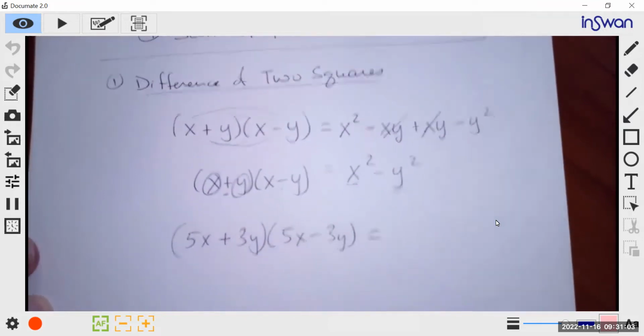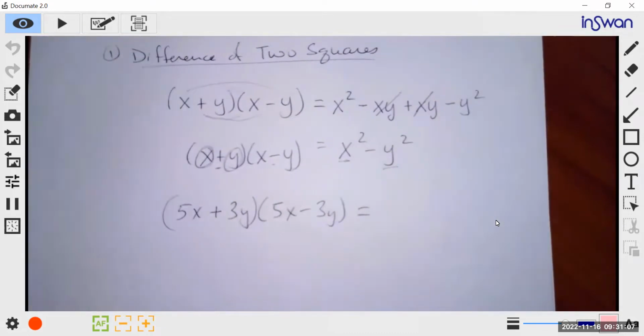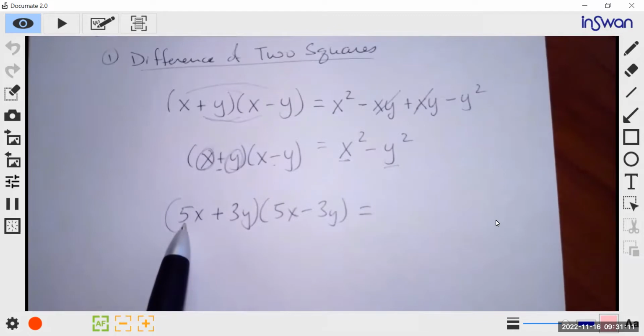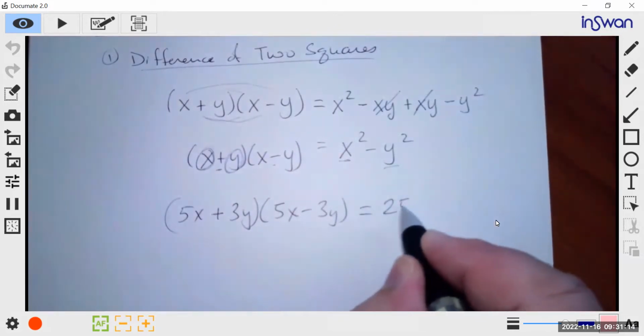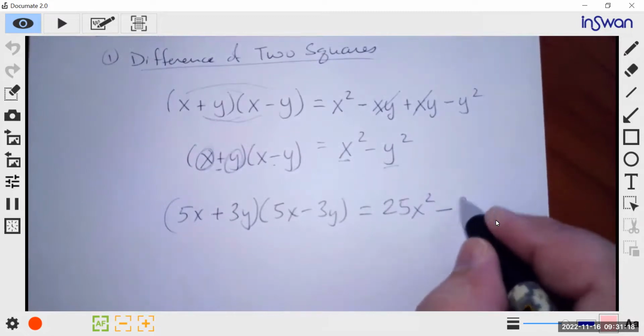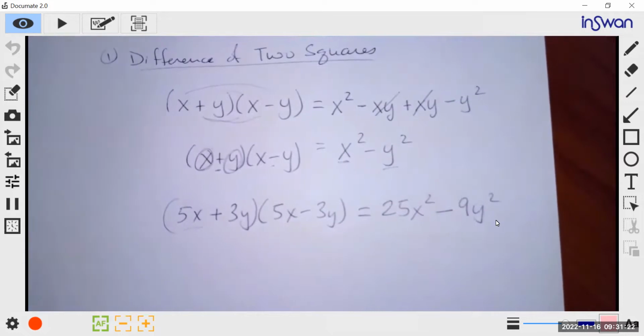So what would that one be if I multiply it together? You have to square it. 25x squared minus what? 9y squared. When you square it, you have to square the number also.